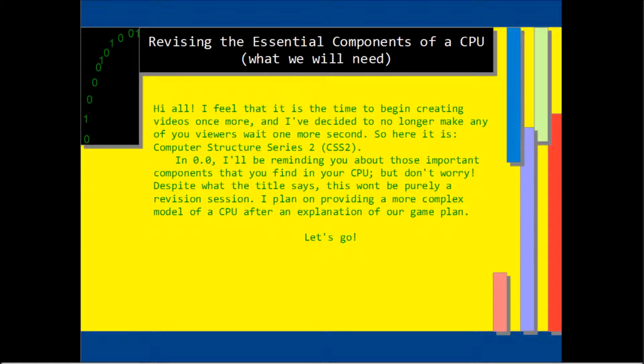I'll talk about that in the next slide. But we won't just be rectifying this mistake. We will also be talking about some things that we missed. We will be doing a bit of learning in this, so don't worry, it's not just a revision thing. We'll be doing the learning and the correcting after my explanation of what my game plan might be. So let's go and do that.